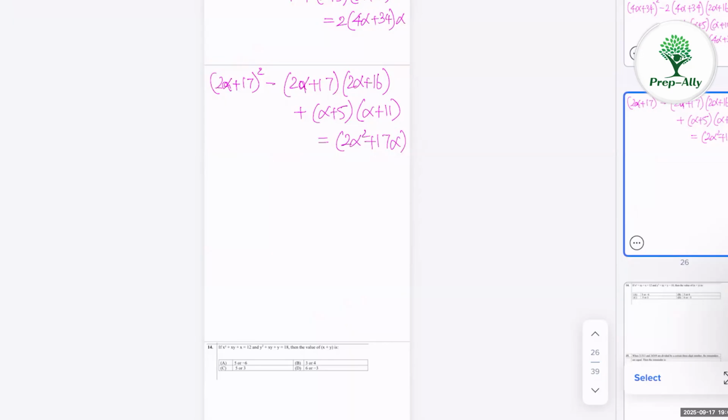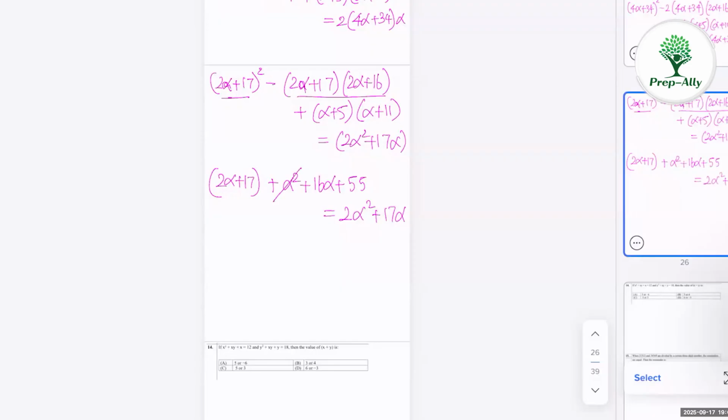We can write this as 2 alpha plus 17 into 2 alpha plus 17 minus 2 alpha plus 16, which is just 1, plus alpha square plus 16 alpha plus 55 equals 2 alpha square plus 17 alpha.